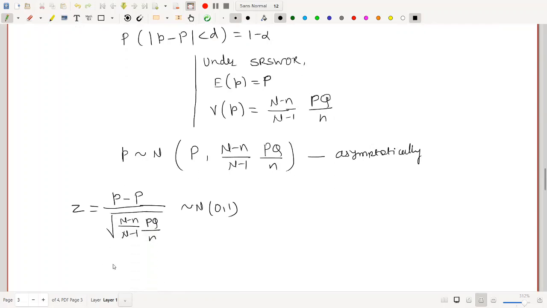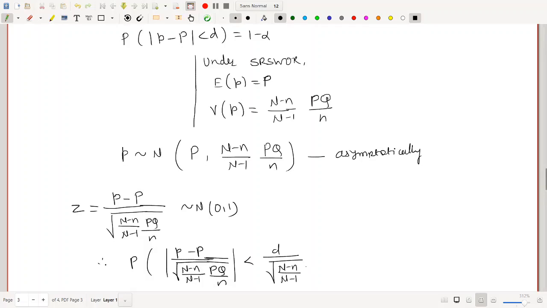So in this equation, therefore probability of mod of (p − P) upon root of ((N − n)/(N − 1)) PQ/n, look at this equation, we divide this by root of variance of p, less than d upon root of ((N − n)/(N − 1)) PQ/n, which is equal to 1 − α.